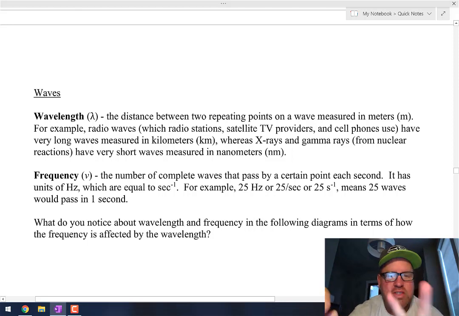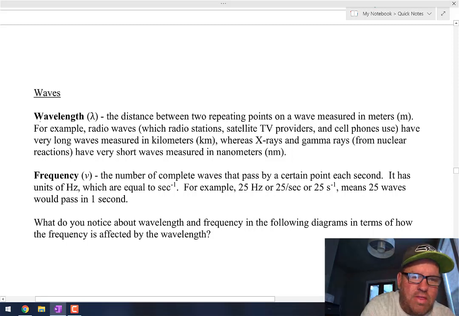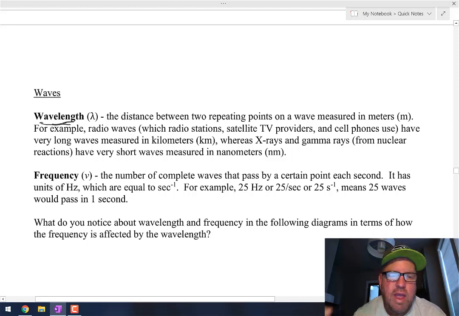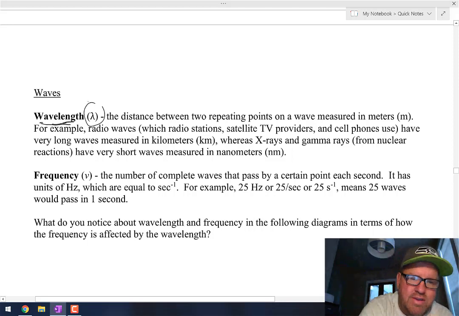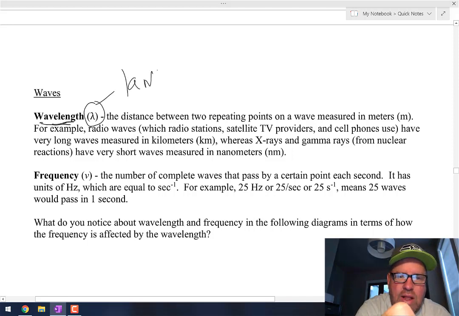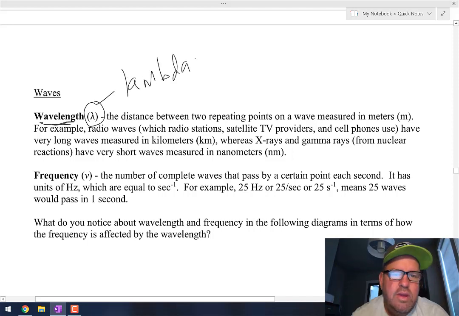And there's two things that we want to focus on when we talk about the differences in these waves. One of them is how big the wave is, or what we refer to as the wavelength. Okay, now wavelength, again, this is kind of a weird symbol. It's actually a Greek letter. It's the Greek letter lambda, and it kind of looks like a backwards H.